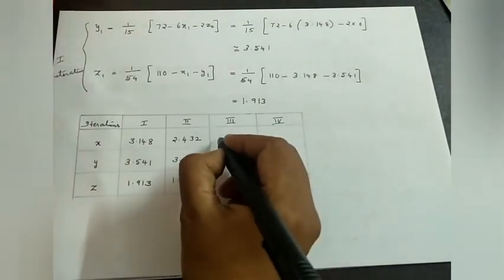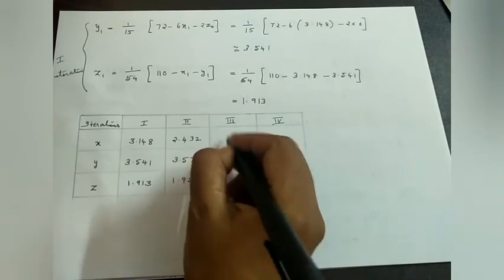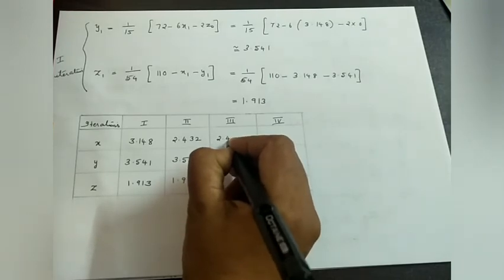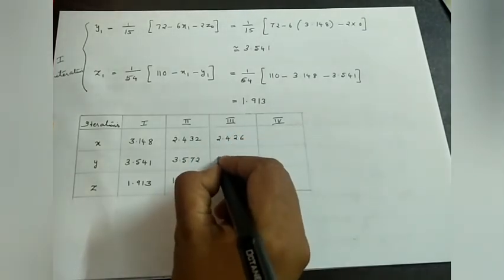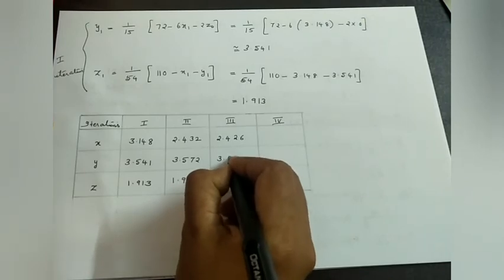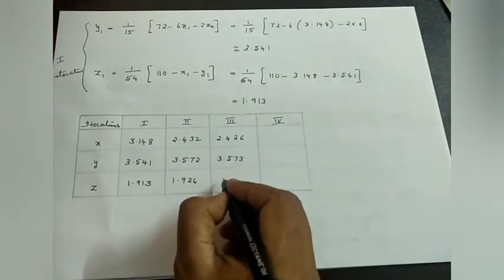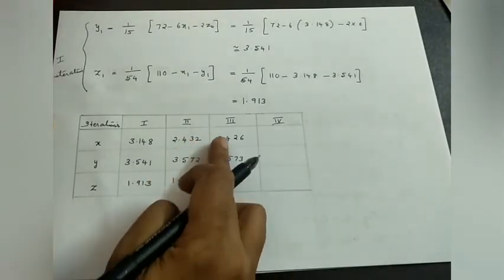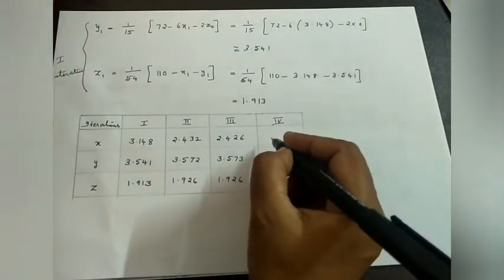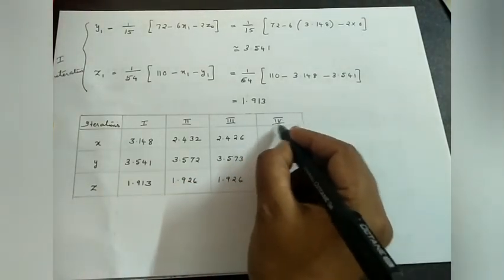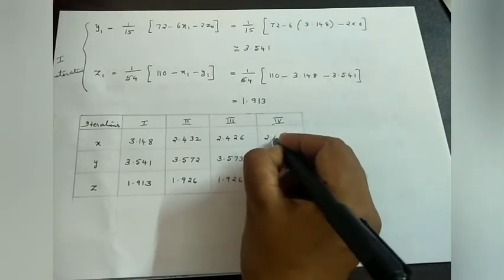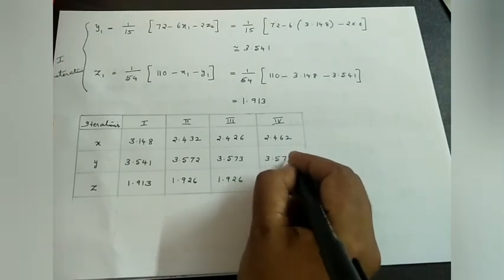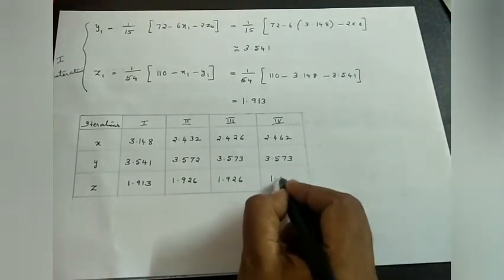Okay. Now by using the same formula we can find out the third iteration. The value of x after the third iteration is 2.426, then the value of y is 3.573 and the value of z is 1.926. Here you can see that the values are very close, but we will move to the fourth iteration, where we get the same as the third iteration: y is 3.573 and the value for z is 1.926.